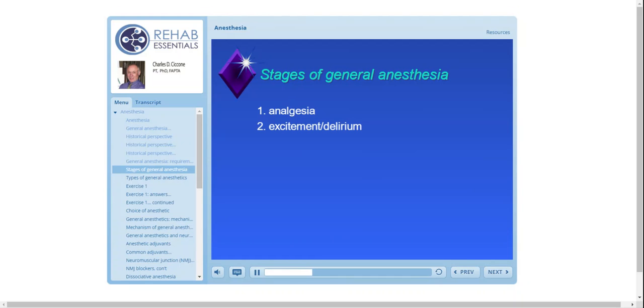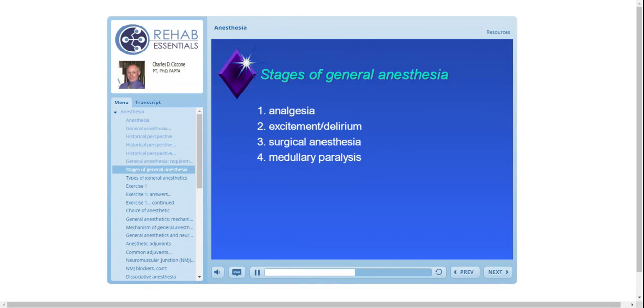Oftentimes, this patient is prepped for surgery, and the last thing we need is the patient thrashing around and becoming delirious. So we'd like to get through this stage quickly into the third stage, which is the so-called stage or plane of surgical anesthesia. And there are several subcategories of this stage, but this is the desired level of anesthesia.